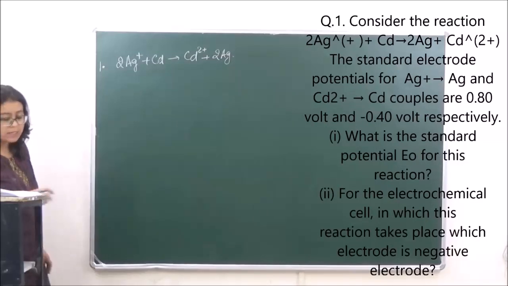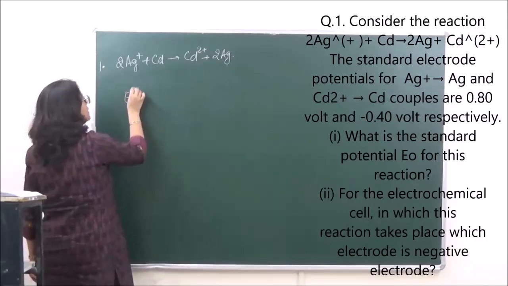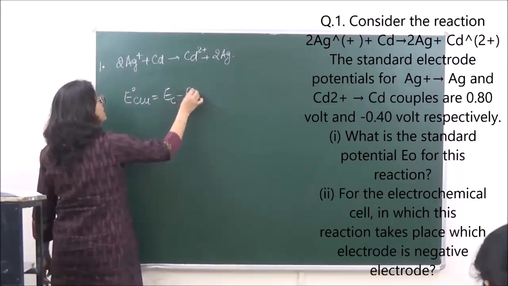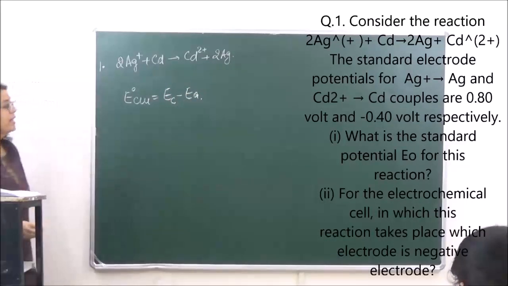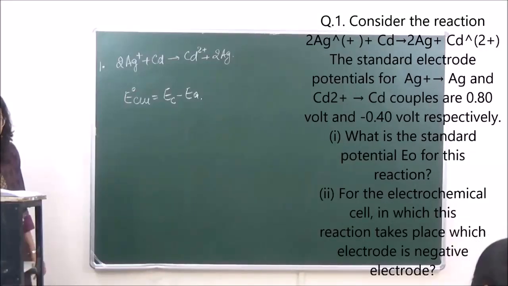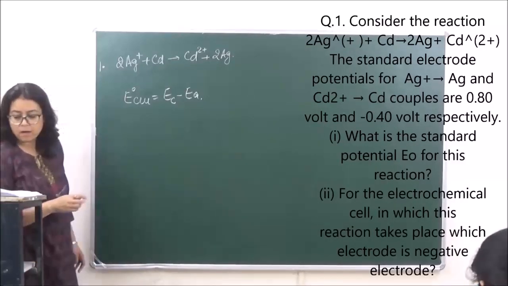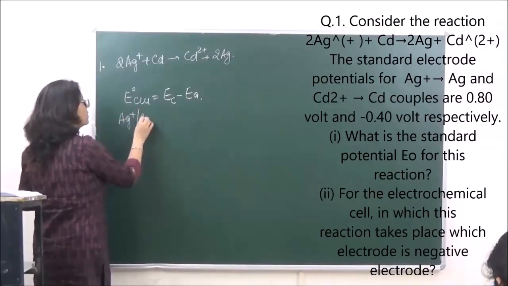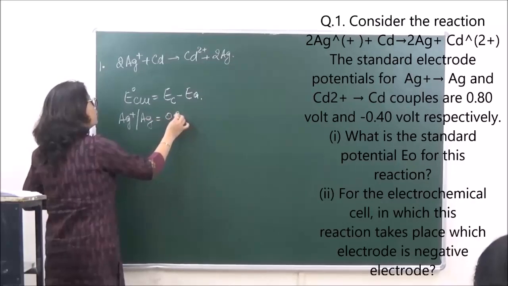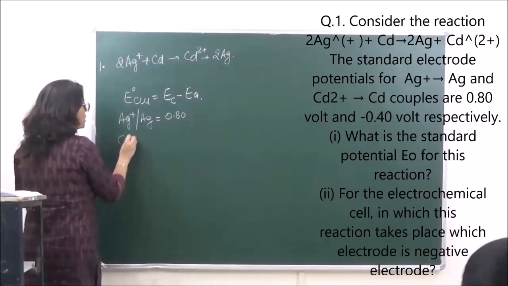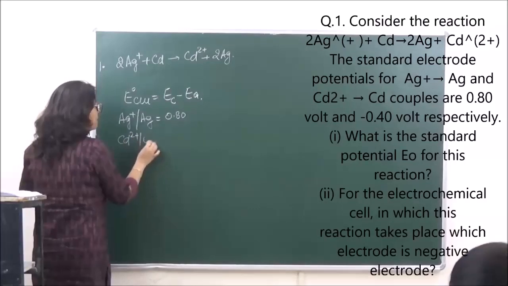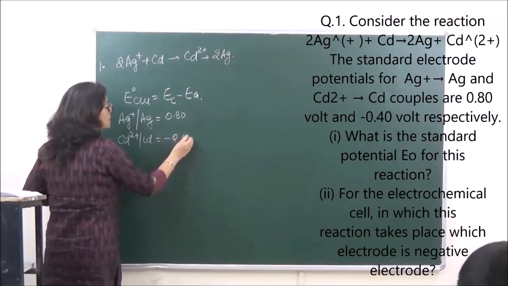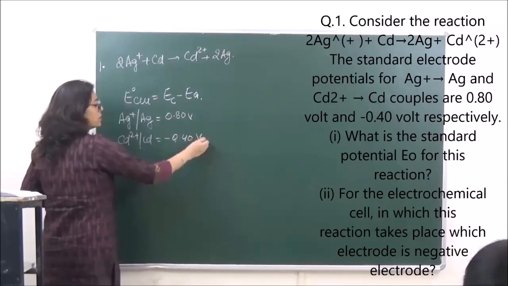Now we know E naught cell is E cathode minus E anode. Okay, and they have given us the values for both. For the Ag couple the value given is 0.80, and for the cadmium couple it is minus 0.40 volt.